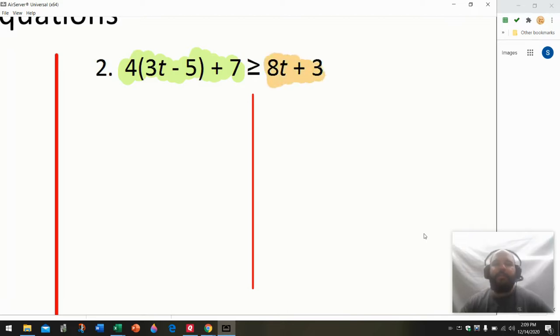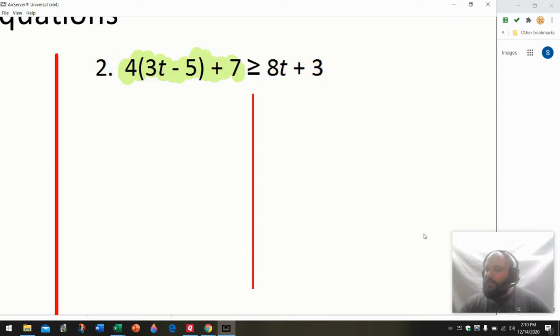So I highlighted the first side in green and the second side in orange to let you see the difference between the two sides. Now, if you look at this side in orange right here, there's nothing to do. The 8t and the 3 are not like terms, so they cannot be combined. However, if you look at this side, there are still numbers that need to be cleaned up before you should be trying to move anything from one side of that red line to the other.